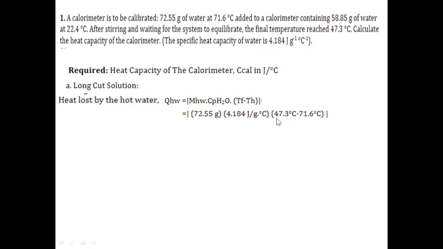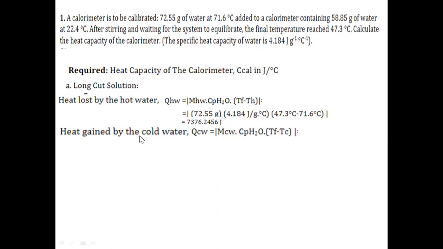So in this instance, it is 47.3 degrees Celsius, which was the mixing temperature, minus the initial temperature, which is 71.6 degrees Celsius. This gives us 7,376.2456 joules for the heat loss of the hot water. Now let's calculate heat gained by the cold water.